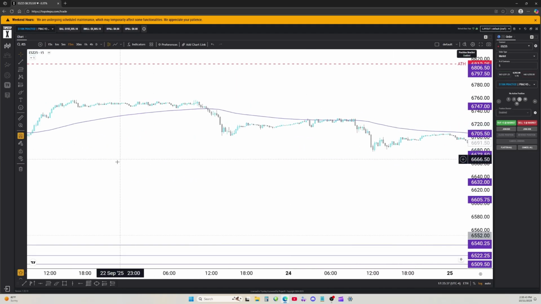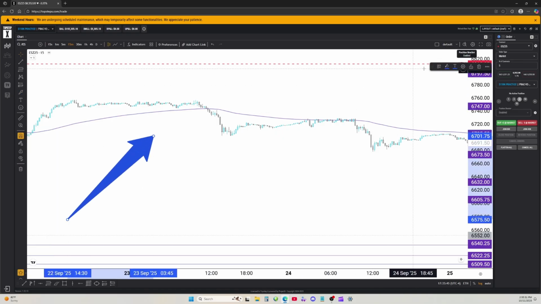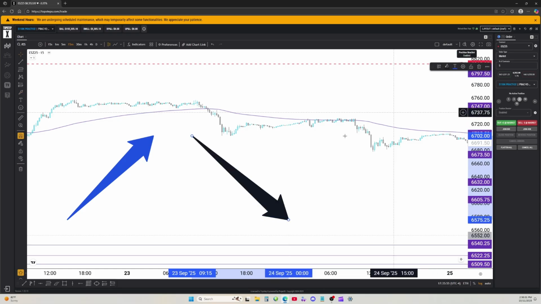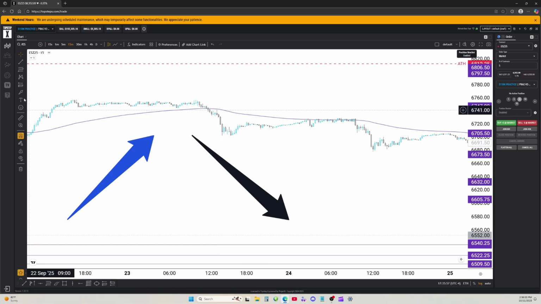From a bullish trend, which is a trend that goes up, right? And then a bearish trend is a trend that goes down, right?